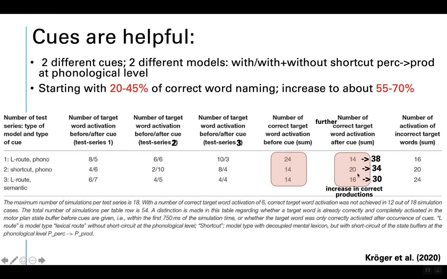This is the increase of words if cues are coming in to help, and this is the resulting value of correct spoken words. So what we see is that in the case of the added shortcut, we have the strongest increase in correct word production for the phonological cues. And whether we take phonological cues or semantic cues, in the case that we only use the lexical route and not the shortcut, the result is more or less about the same.